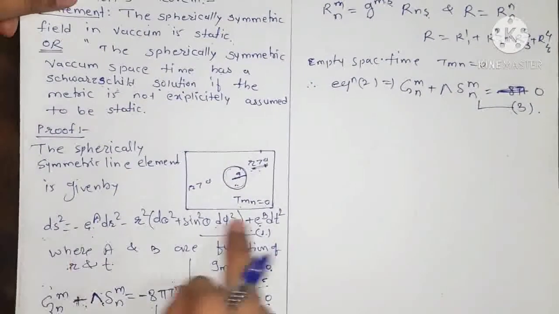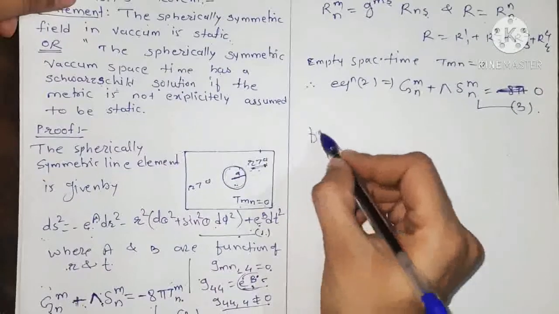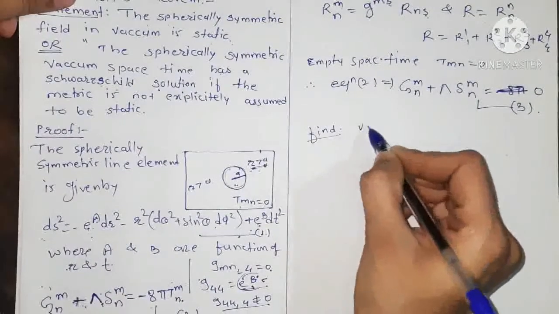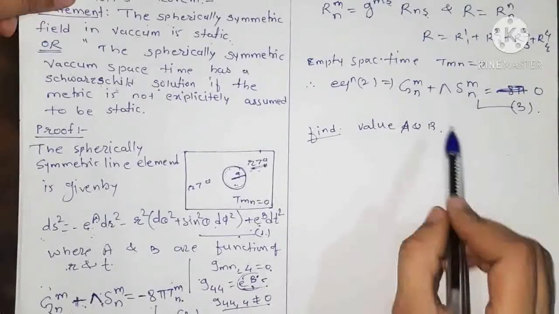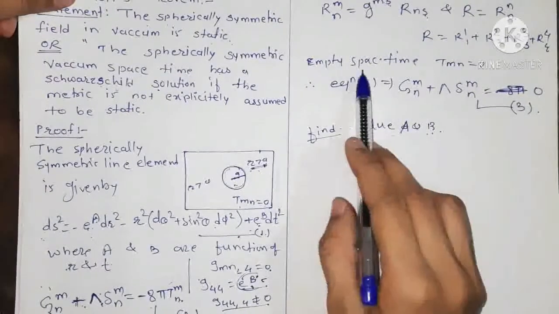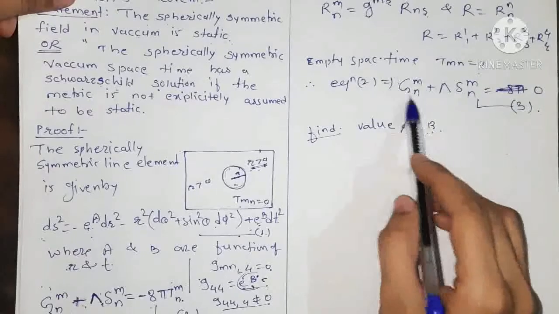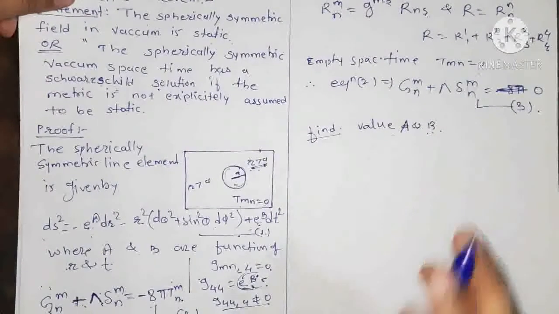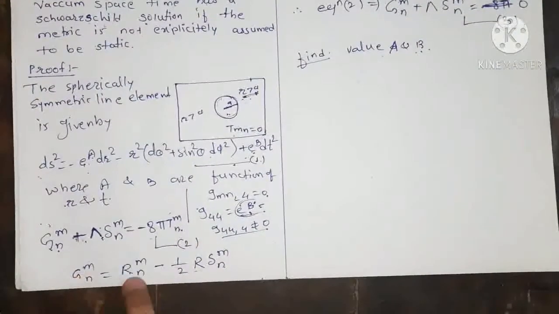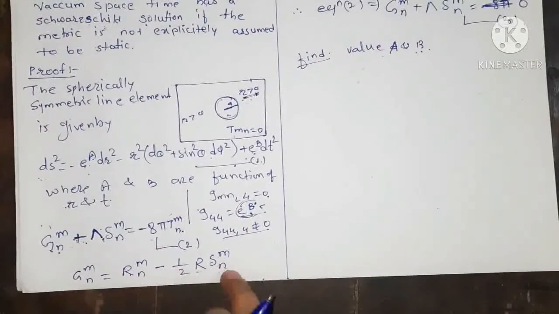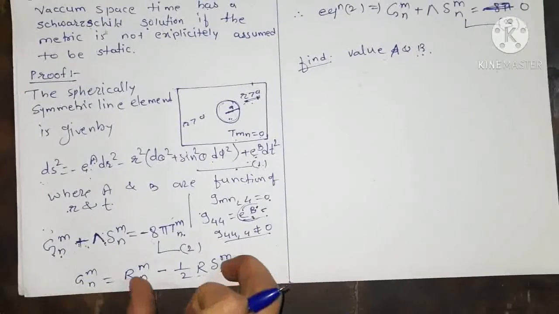So to solve equation 1, we have to find the values of a and b. To find them for the empty space-time, we have to calculate G^m_n, which is given by R^m_n - (1/2) R δ^m_n.